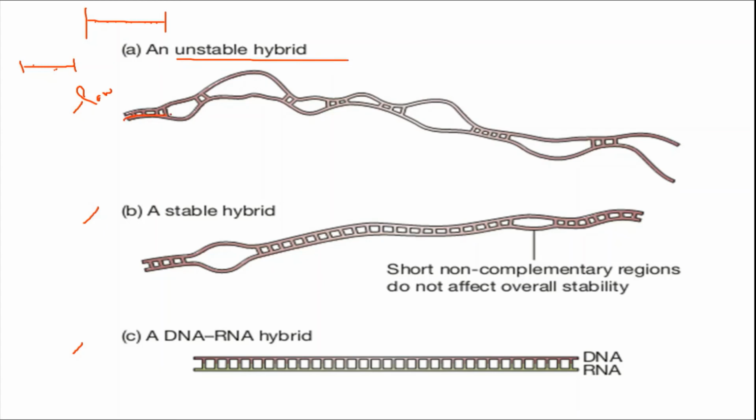With only one or two bases matching each other, it can still hybridize, but it is unstable. In another case, some segments of the DNA hybridize while other segments do not.